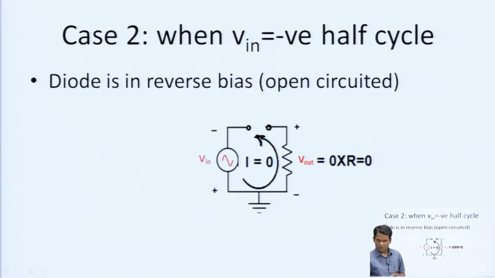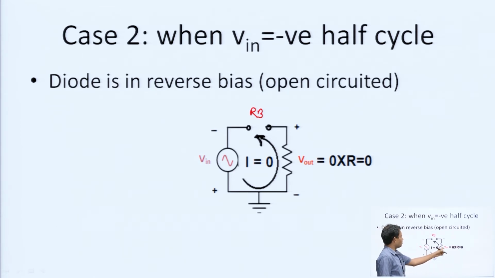Now, for the negative half cycle, the polarity of the input signal is reversed. This means this terminal is minus and this terminal is plus. This means the diode becomes reverse biased. Reverse bias means open circuited. In this condition, current is 0, I is equal to 0.